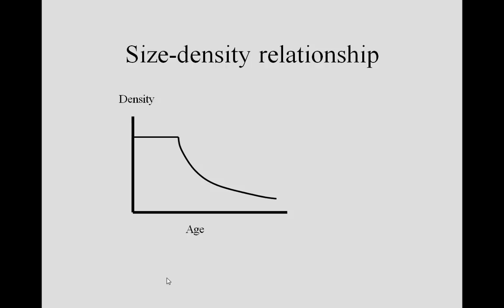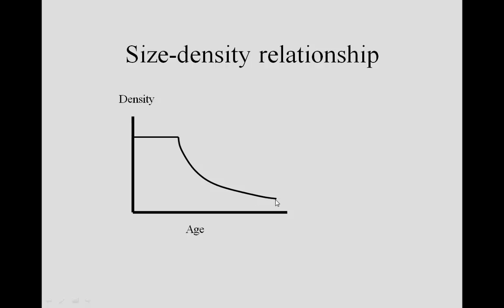And the idea here is that we have a population of trees, and there is an initial density, and barring accidental mortality, that initial density is maintained up until stage D and the onset of self-thinning. And then there is a progressive decline over time in absolute density.